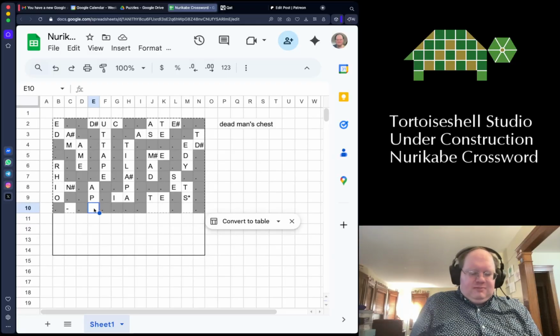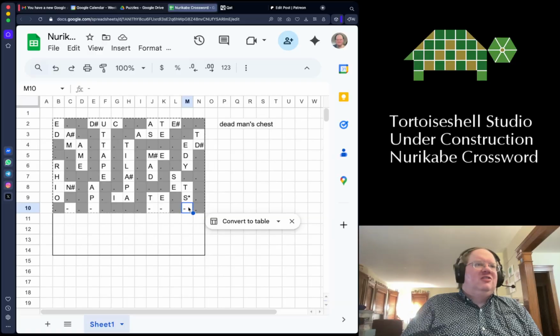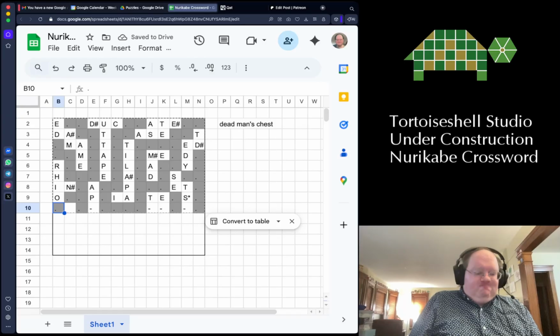This is really the maximum number of white squares we can fit in this one. I was going to say sets up, but that gives us a U here, which is not pleasant. It's not easy to work with. I suppose if it were rhinoceros, could have one more like this.